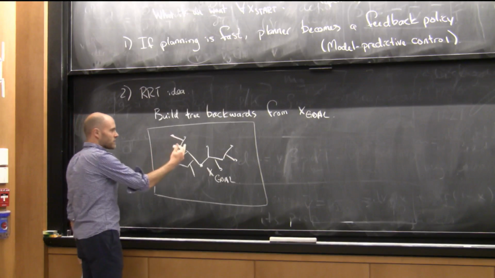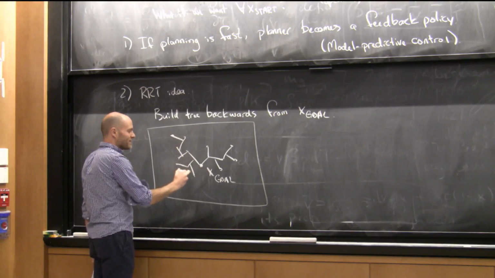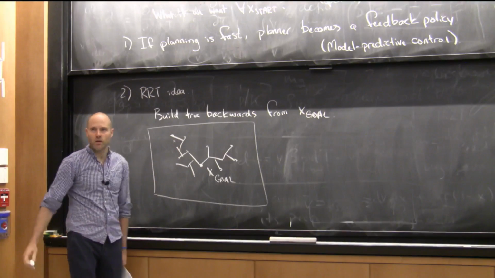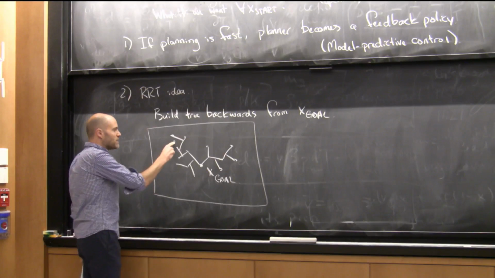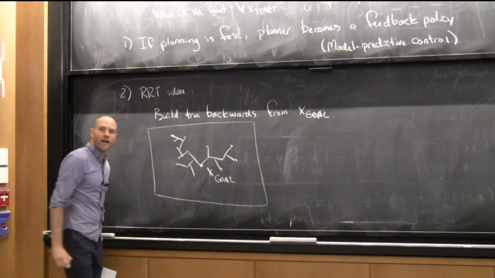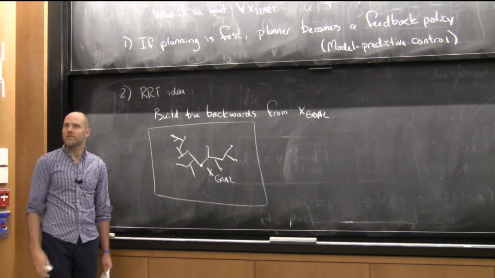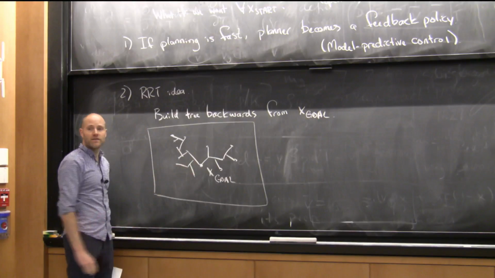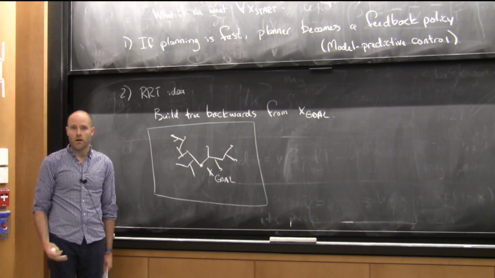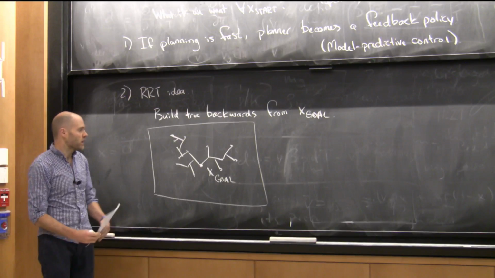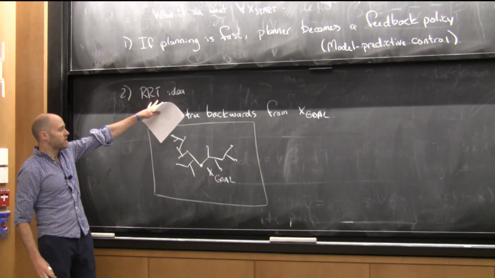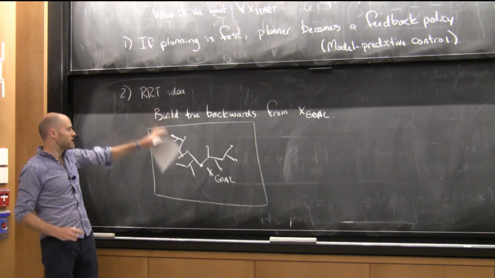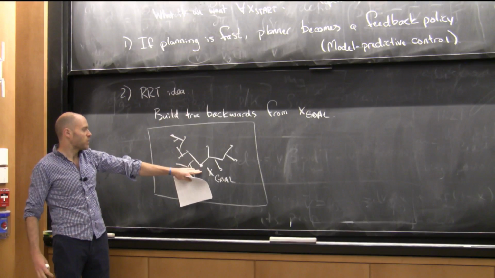Now, since this is a set of finite measure, my real initial condition when I'm running is not going to be exactly at one of those nodes, but maybe the problem of just connecting to a local branch, if there's enough local branches, is simple enough that you could do that on the fly, and then you have a feedback policy that comes out of your RRT. That's pretty cool. And there are generalizations of randomized motion planners. In fact, the history is sort of backwards, but the roadmaps came first.